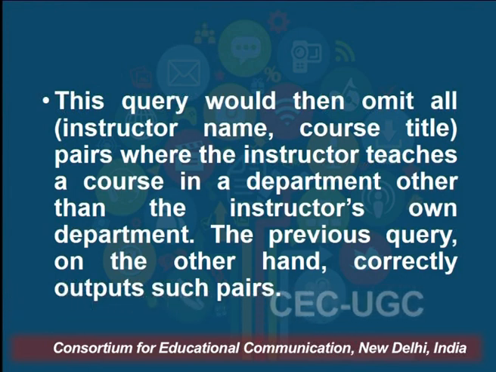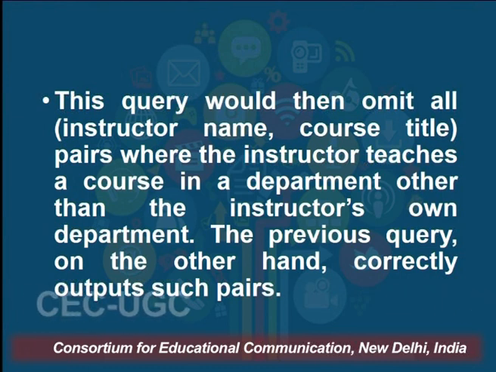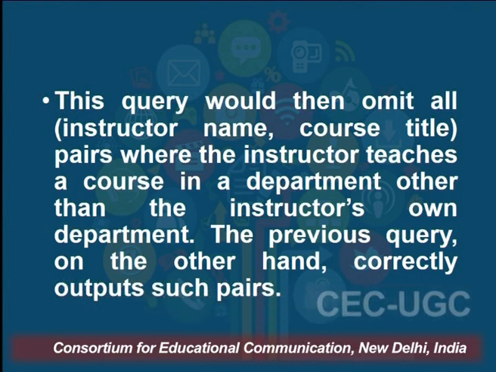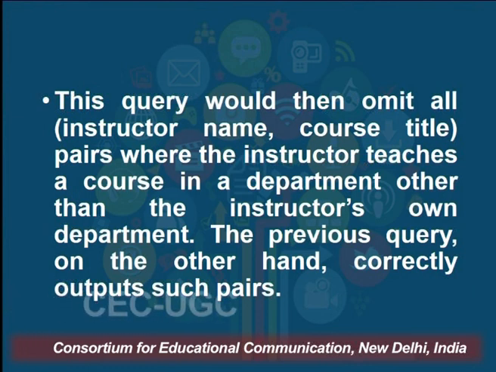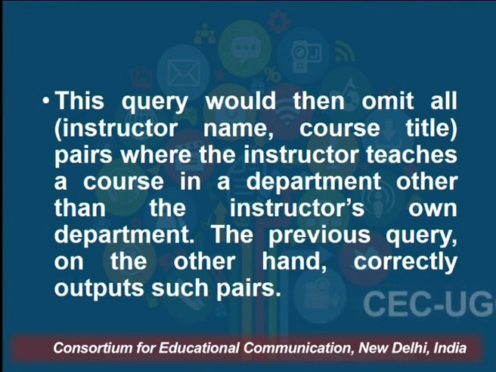So what is happening actually? I am just repeating, this query would omit all the instructor name, course title pairs where the instructor teaches a course in a department other than his or her own department. The previous query, on the other hand, correctly outputs such pairs.